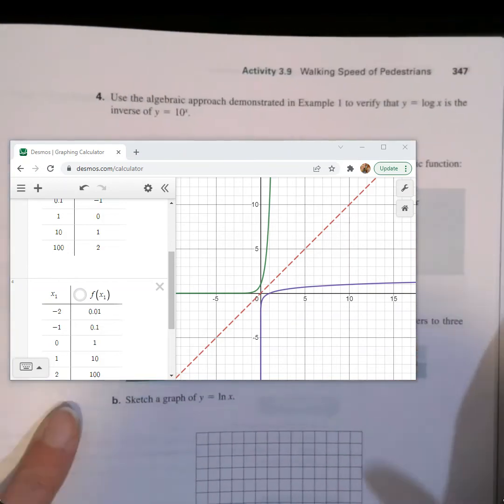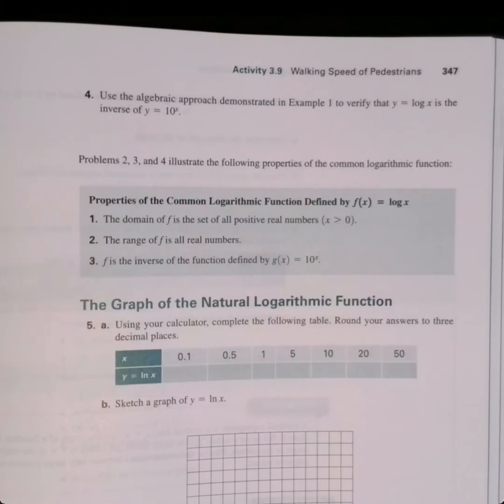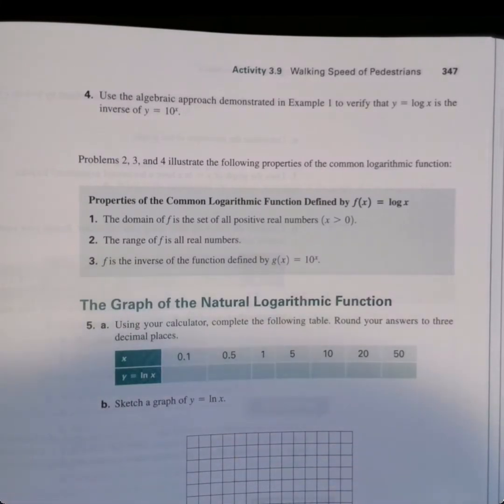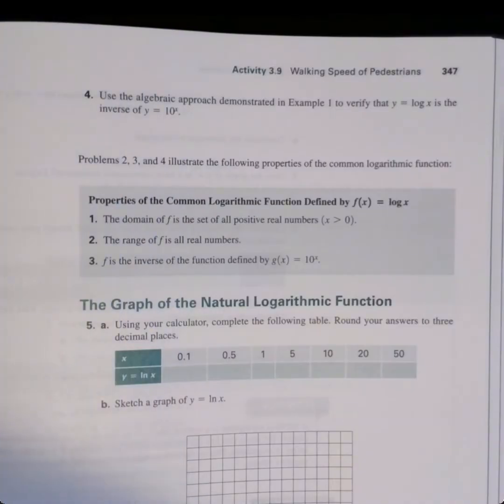Finally, they want us to use the algebraic approach demonstrated in example 1 to verify that our two functions are inverses. And that would be switching the variables, swapping x and y.